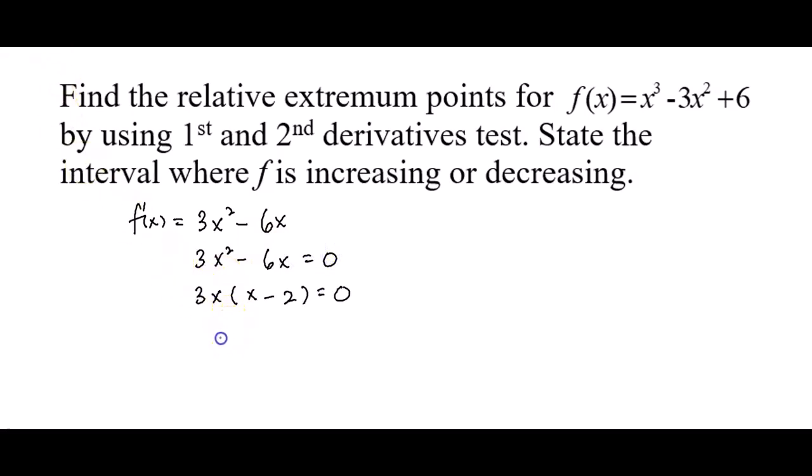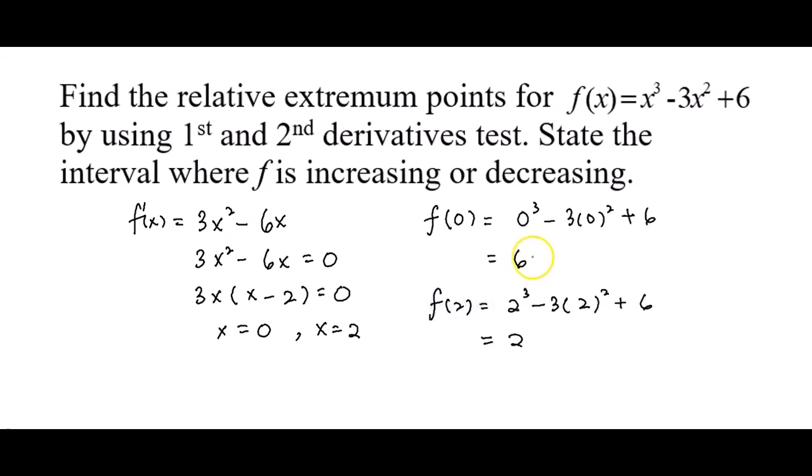After we have factorized, here we have x equals 0 or x equals 2. These two are the coordinates of the stationary points that we have, and we will find the corresponding y value, that is finding f(0) and f(2). Okay, so we have 2 points.